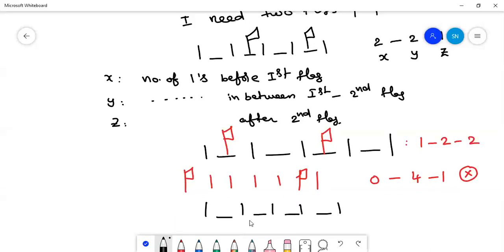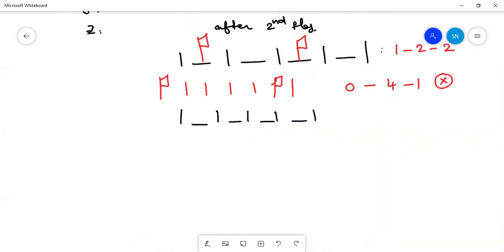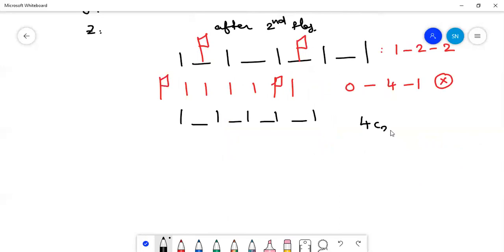So the number of different positive integral solutions of the equation x plus y plus z equal to 5 is nothing but selecting 2 places to keep 2 flags out of these 4 possible places. That can be done in 4C2 ways.